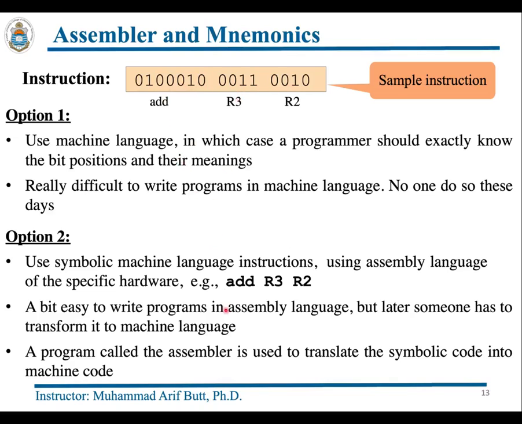So maybe these bits represent the operation. Over here it is, let's suppose, the add. These 4 bits represent one of the registers. Let's suppose this is R3, and these 4 bits represent another register. Let's suppose this is R2. So the instruction is add R3 R2. We may mean that add the contents of R3 and R2 and write the result in R3.